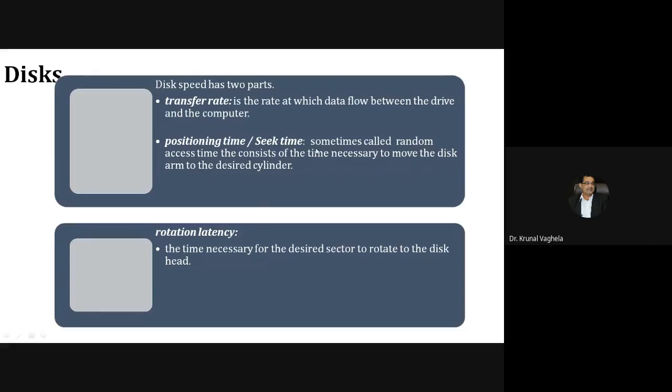Now, what is seek time? Sometimes called random access time, it consists of the time necessary to move the disk arm to the desired cylinder. I am repeating, it is the necessary time to move the disk arm to the desired cylinder.